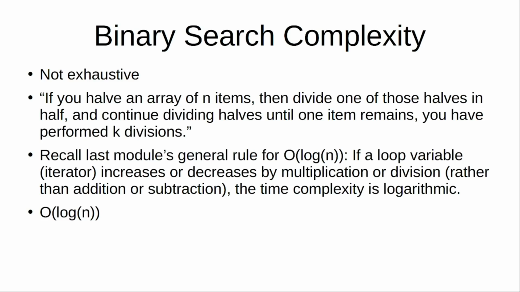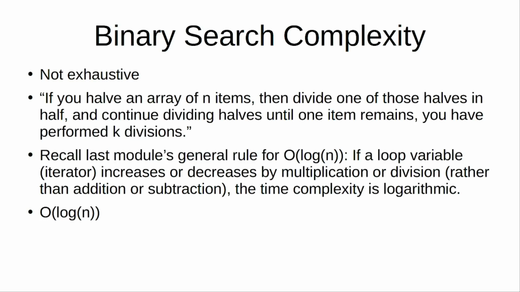And this is a quote from the book: if you have an array of n items, then divide one of those halves in half and continue dividing halves until one item remains, you have performed k divisions. Recall the last module that we talked about. We had a rule of thumb for O(log n) complexity.